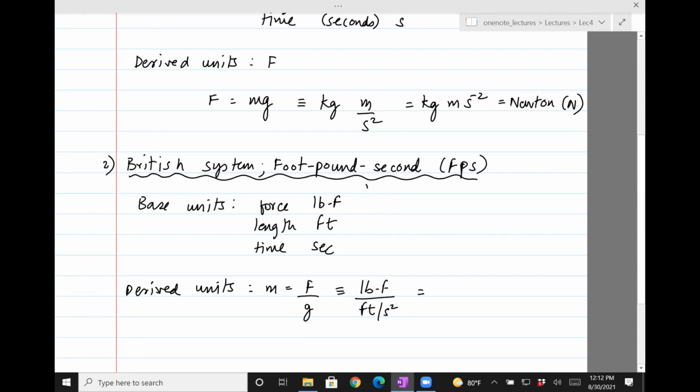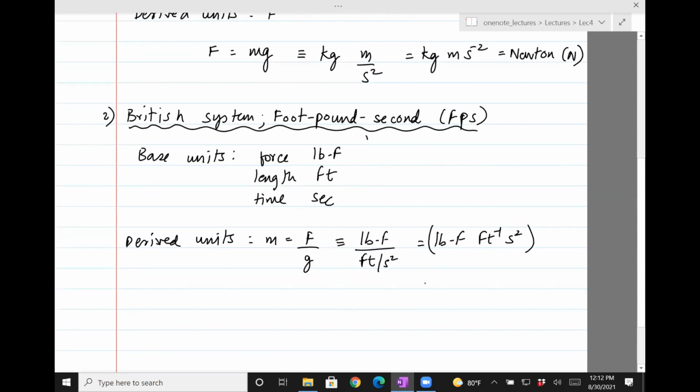And so this is going to be lbf feet inverse second squared. This quantity here is called a slug. So slug is the unit for mass in the FPS system. This is something to remember, that it is not mass which is used as a base unit in the British system.